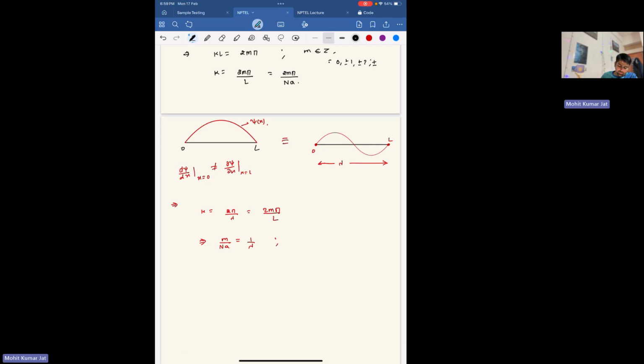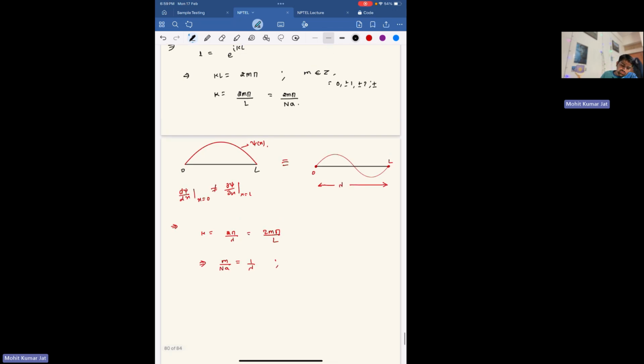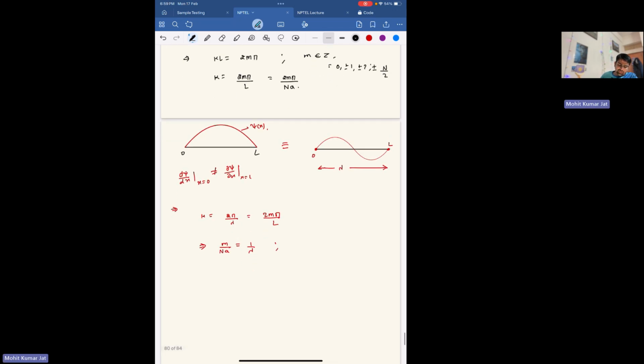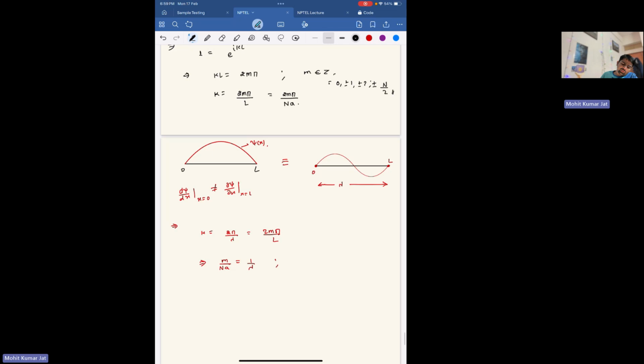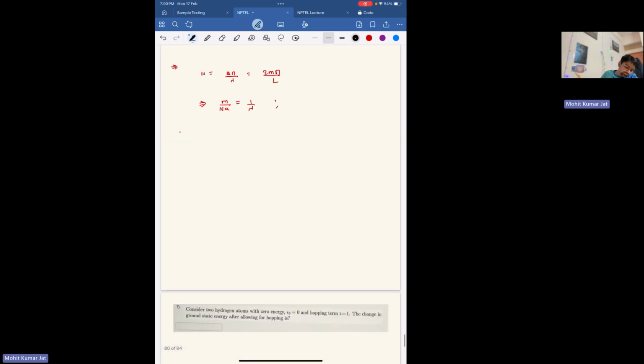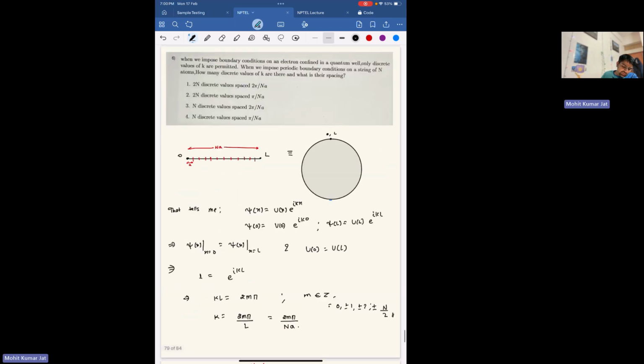So it can go up to n by 2, and in that case the states will run from minus n by 2 to plus n by 2, and that means the total number of states will be n.